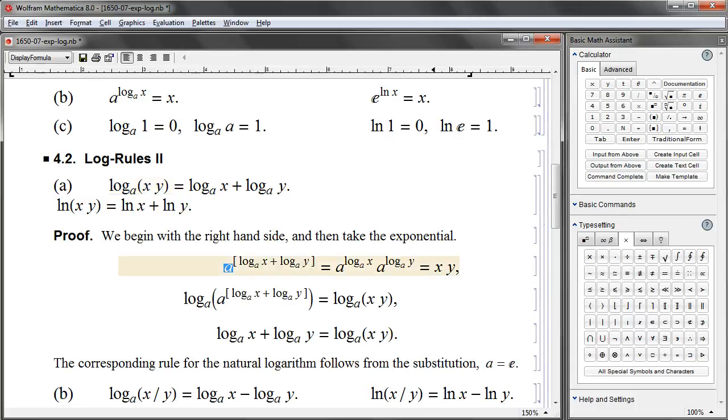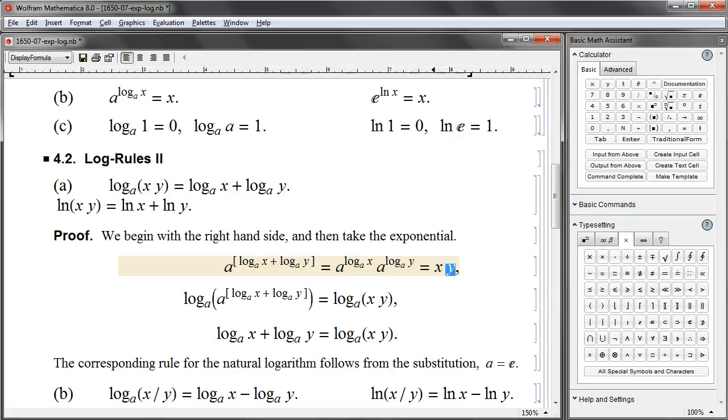Then let's apply exponent rules, because we have the same base. We have a to this power and a to that power. We just use the exponent rule. And then let's apply the cancellation rule. A to a certain power and the log base a just cancel each other out. We get just x. Likewise, we get y.